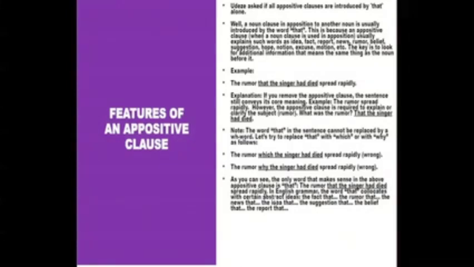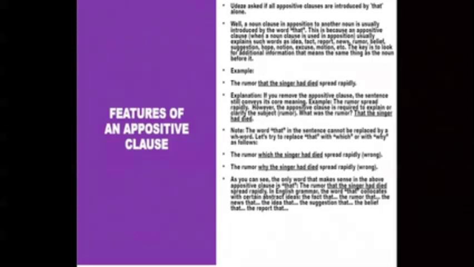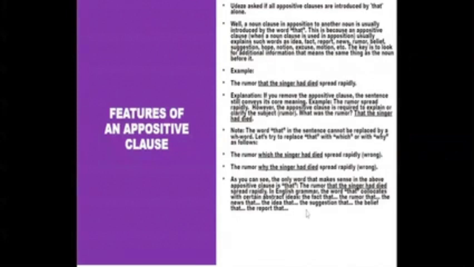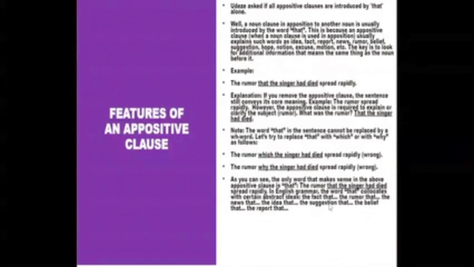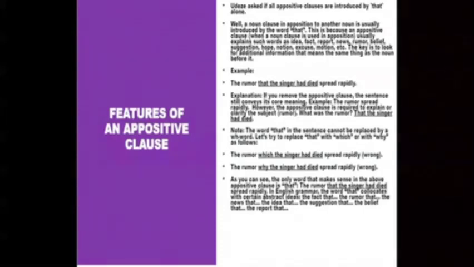In English grammar, the word that collocates with certain abstract ideas, such as the fact that, the rumor that, the news that, the idea that, the suggestion that, the belief that, the report that. So there is a fundamental issue of collocation here.